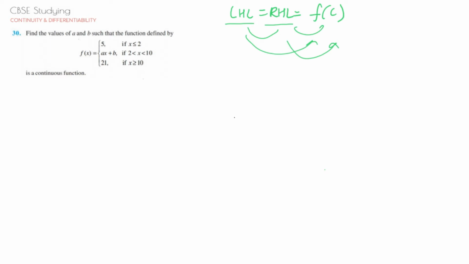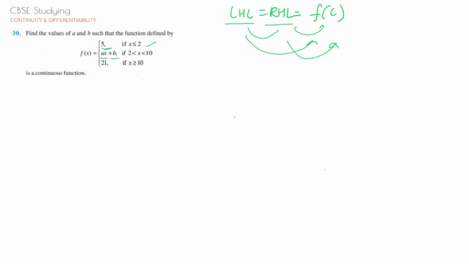Here we don't have a k, here we have a and b, and we have to find the values of a and b. So similarly, we are going to find out the value of a and b, right? So how are we going to do this? What is our point of continuity? So you see here, the function is 5 when x is lesser than or equal to 2.